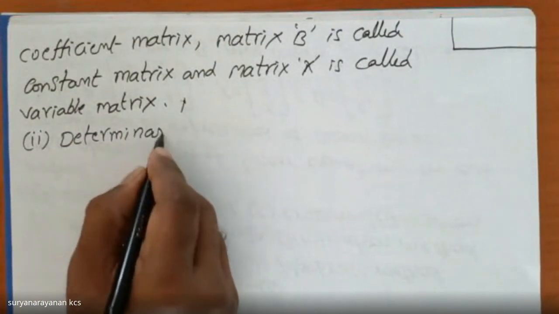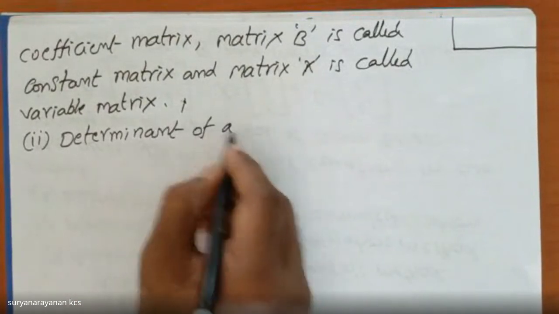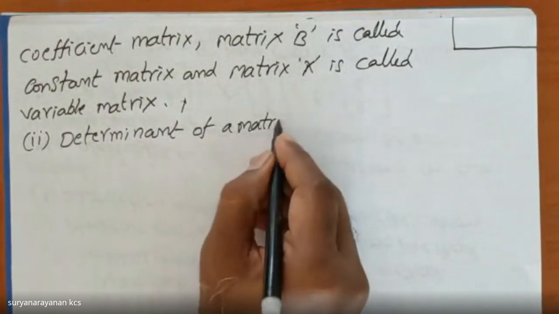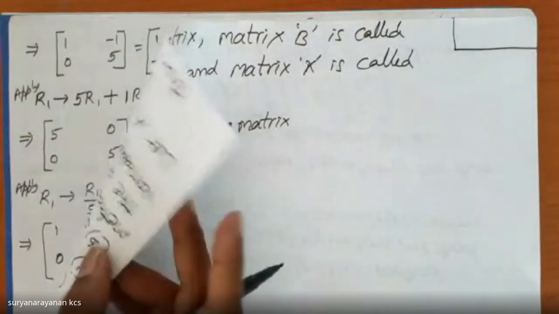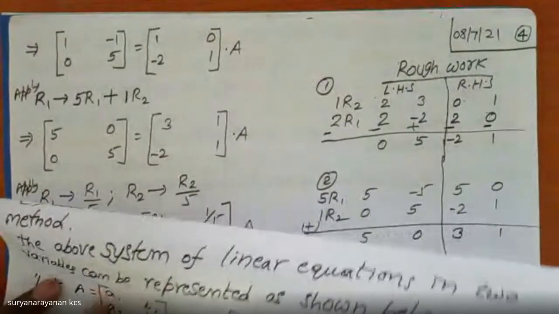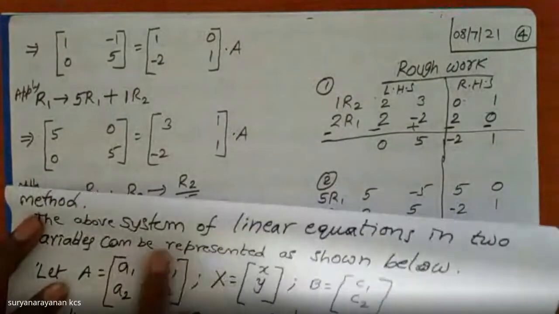We are going to find the determinant of this matrix A, the coefficient matrix.